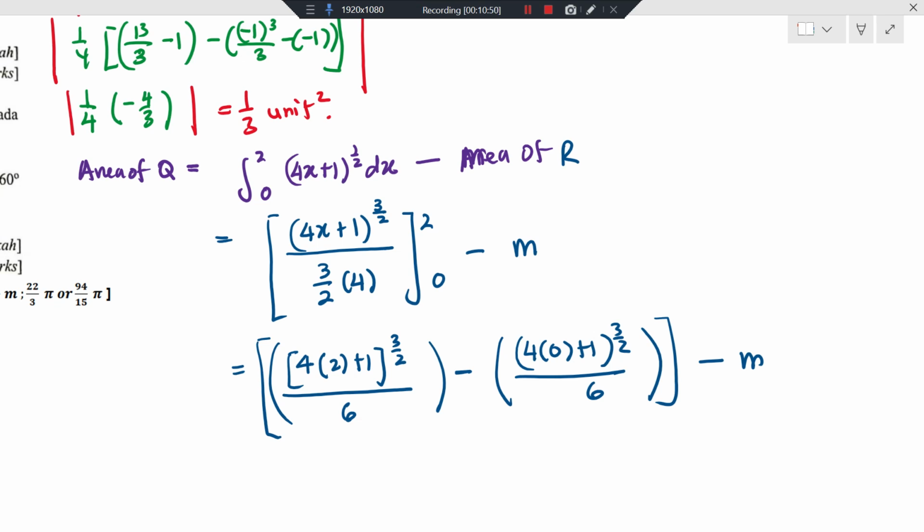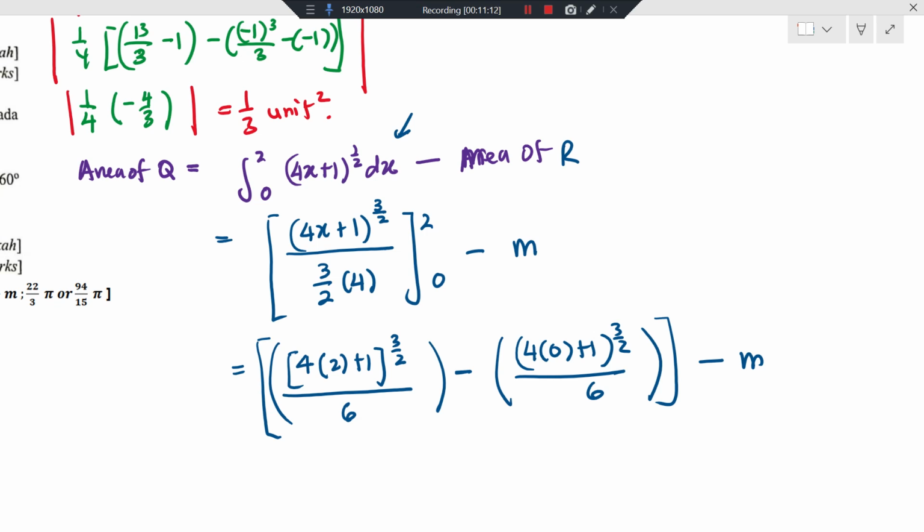No, power 1 over 2. Sorry guys, you need to copy down the question. I copied the wrong thing. Okay, 4x plus 1 power half, from 0 until 2.